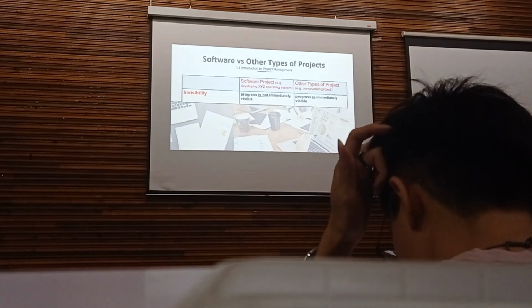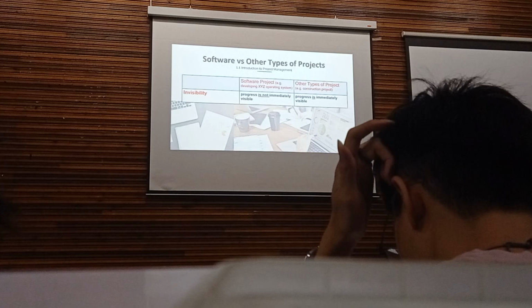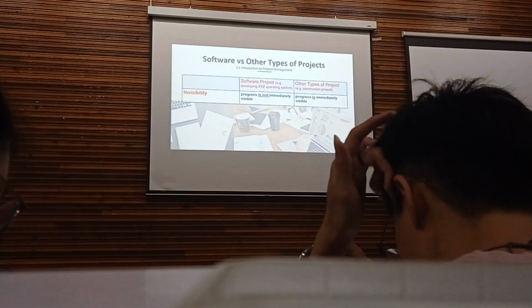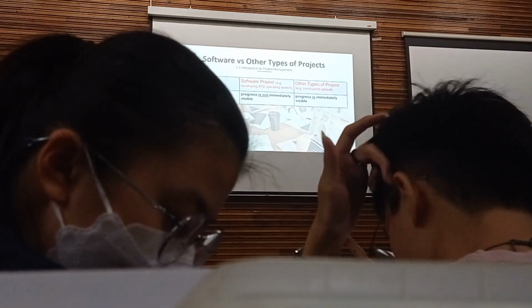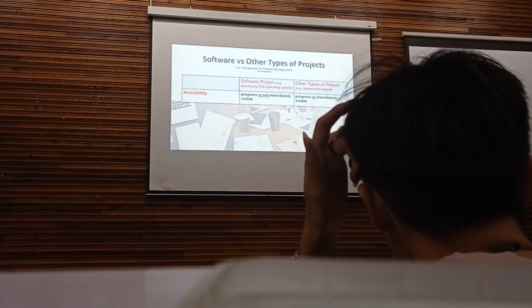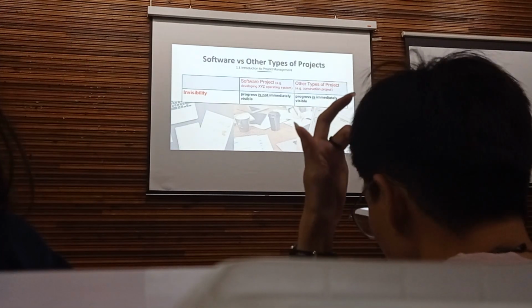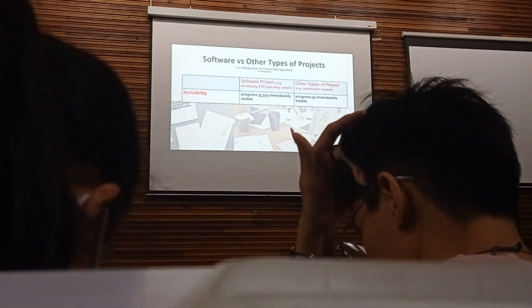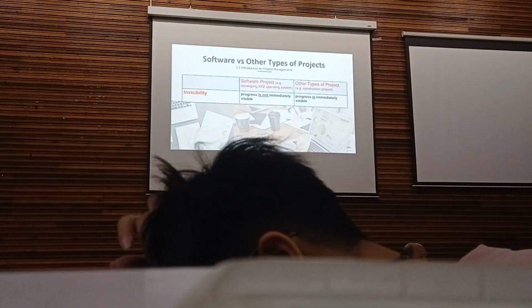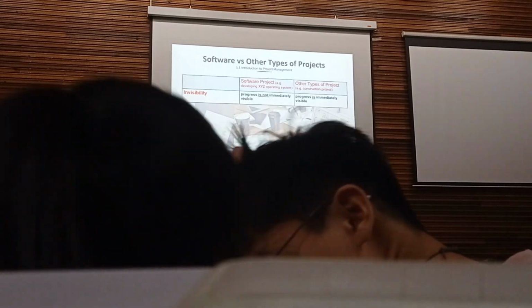But a construction project is immediately visible. Such as a student center, you can see the percent of work completed and when you can start using it. Roughly you can guess. For a software project, it's hard to know how many percent of work you have completed.